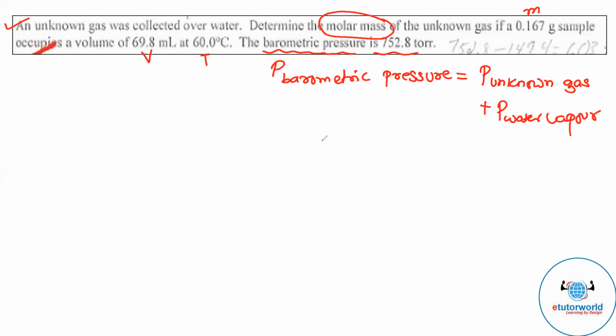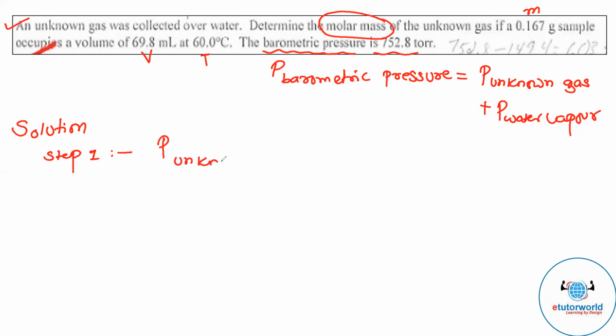Yes, sir. Okay. Once you know what is given and what is asked, the next thing is how you are going to solve the question. Let's see step by step. Step 1: you are going to determine the pressure of the unknown gas.